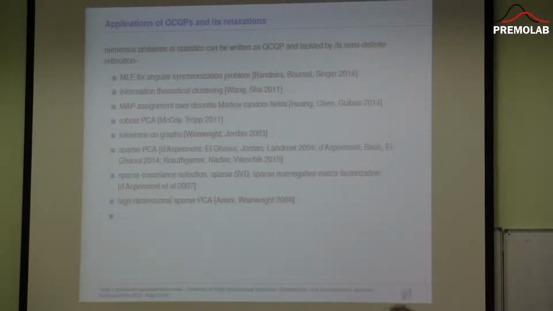So in all these papers which you see here, the solution method which is proposed consists of formulating this quadratically constrained quadratic problem and solving it by a semi-definite solver when the rank constraint is dropped.